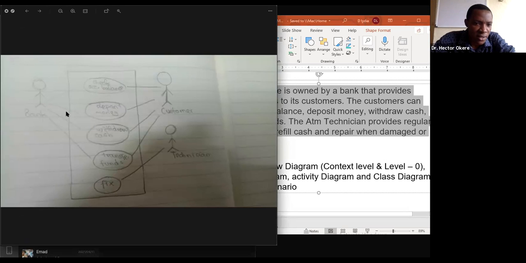Okay, this is a very basic or simple use case diagram. It's not like mine, but if you give me this, I will give you your marks actually, unless I particularly ask you for extension and inclusion criteria, okay?